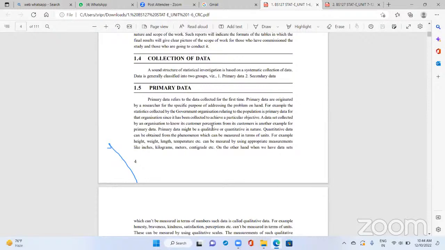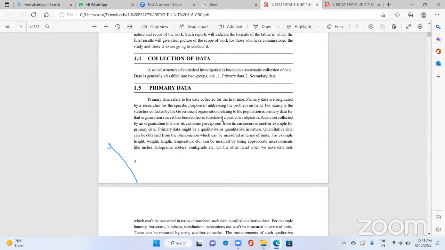On 19th August 2014, the Samagra Kutumba survey was planned, for collecting the whole information of Telangana people according to their economy or their living status or their agriculture status or their social status. Everything was conducted as a survey. That is the Samagra Kutumba survey, on 19th August 2014. So that is known as primary data.